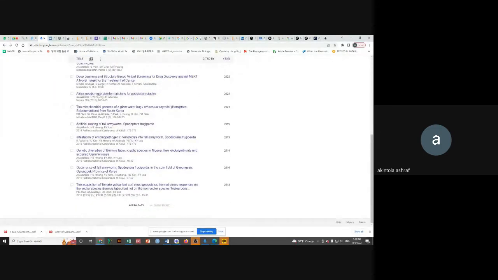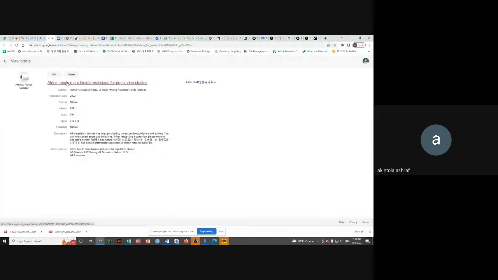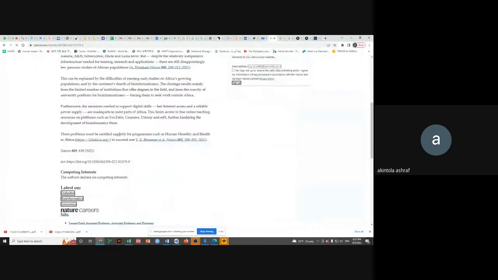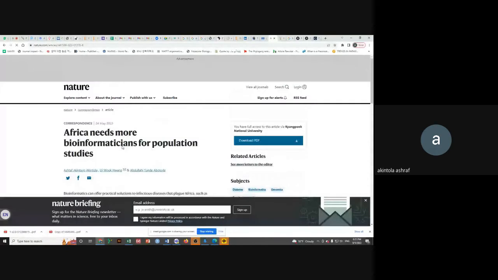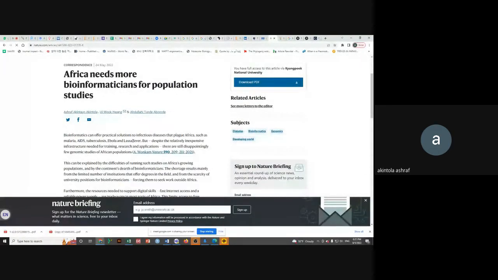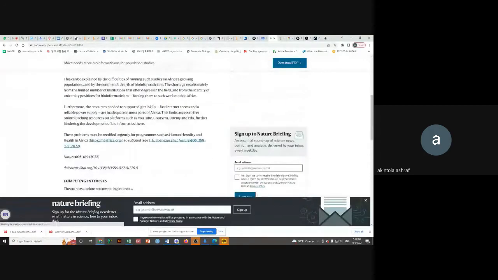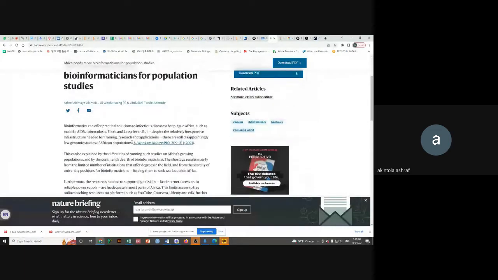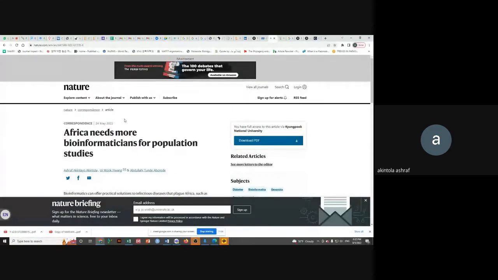Now, my latest publication, in collaboration with the proposed speaker for today, was published in Nature Journal. It was written about the need for more bioinformaticians for population studies in Africa. As you can see, this little work is just about 200 words long, but it was published in a journal with an impact factor of about 65.